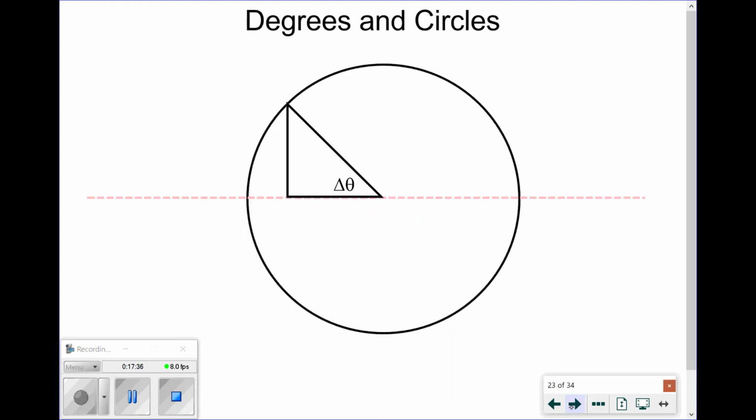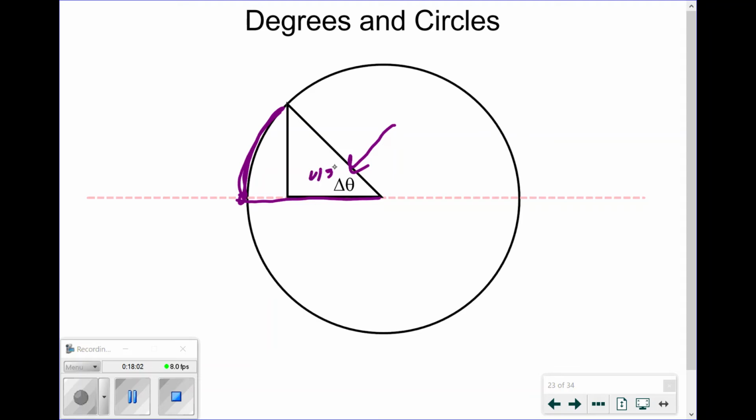However, when we deal with a circle, degrees aren't exactly beneficial. Simple reason is when I draw out my triangle, my right triangle, that doesn't relate to the arc of the circle. So if I was interested in this part of the circle, this angle in degrees isn't helping me.